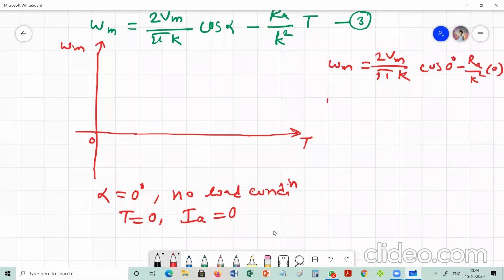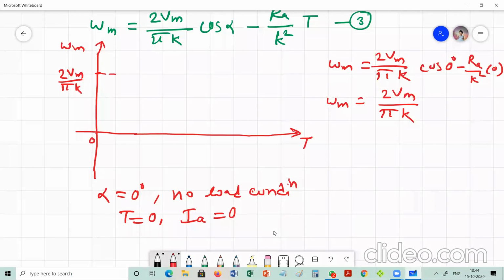Means omega m is equal to 2Vm by pi k. This will be the ideal no load speed when alpha equal to 0 degree.